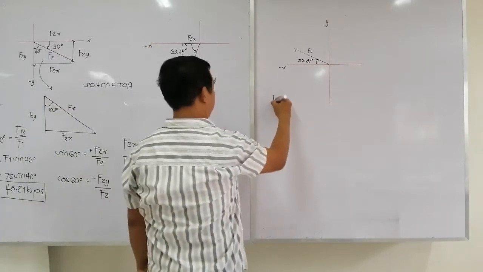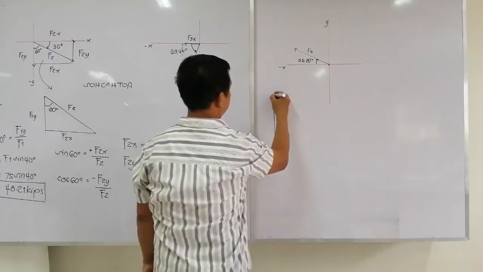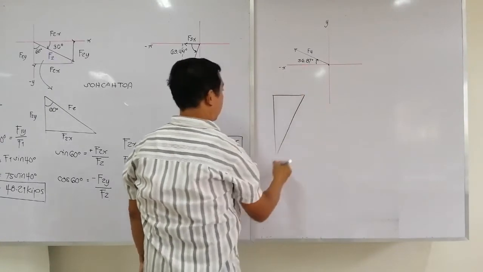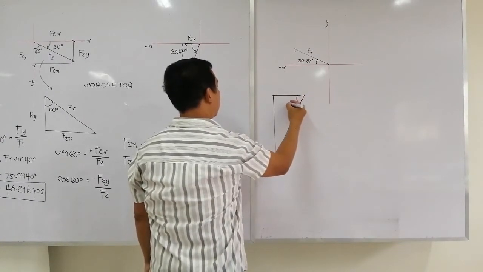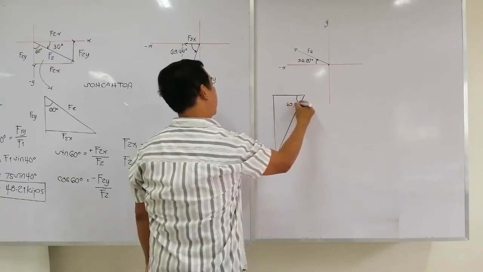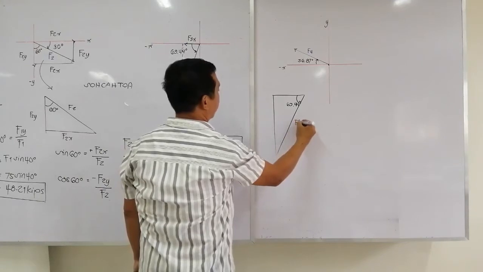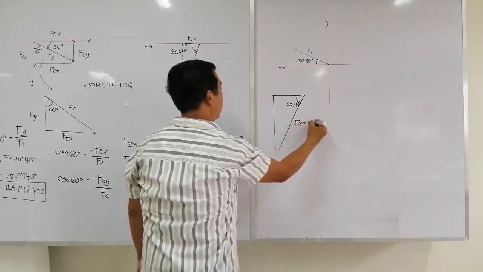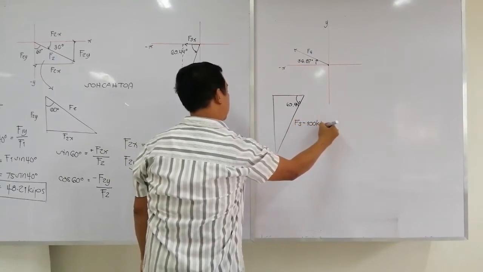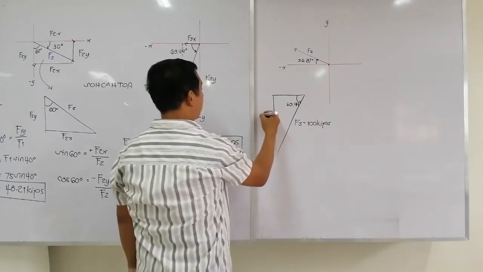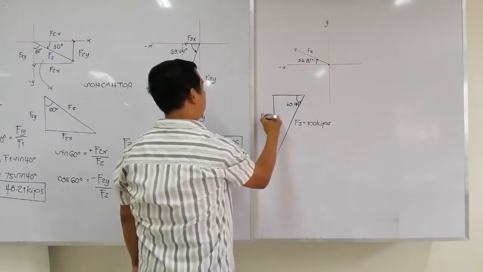So yung figure. This is your angle that is 69.44 degrees. This is your F3, which is equivalent to 100 kips. This represents your y component of F3.